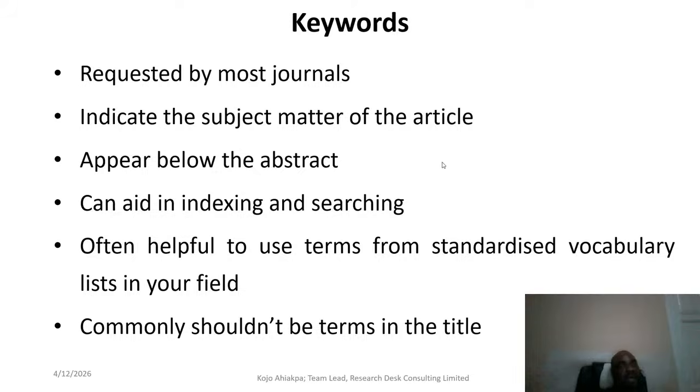The uses is that it is used in indexing your manuscript in different academic databases. Secondly, it is also useful in discovering your research when it is published and archived digitally.